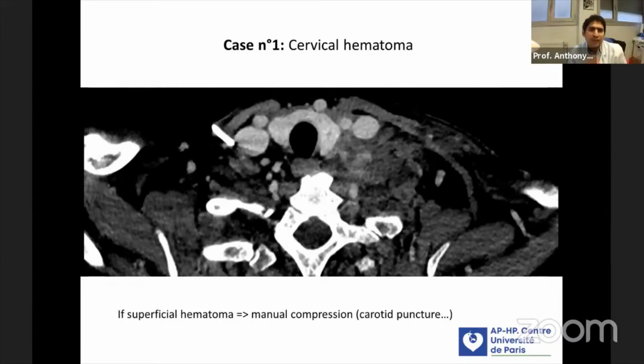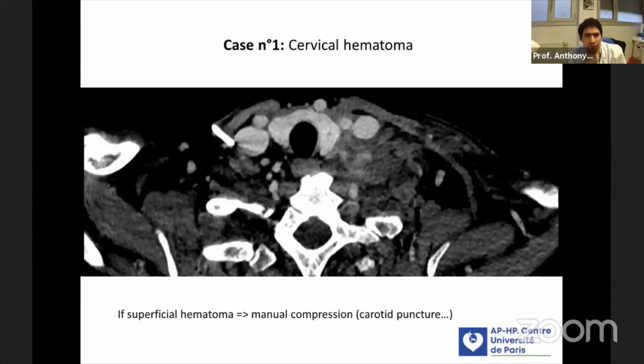In this case, the patient had a CT angiography just after the biopsy, and that shows this extravasation of contrast behind the vein. So in this case, there was an arterial injury not amenable to simple manual compression.